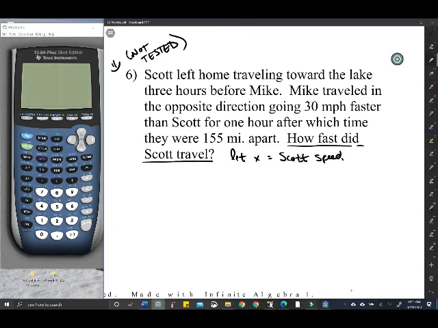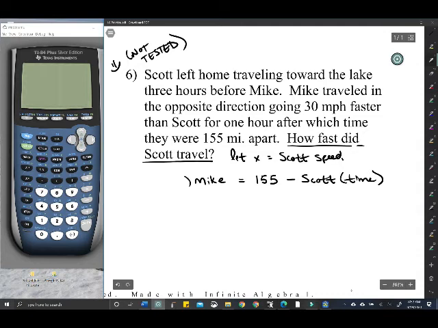So what we have here is Mike's traveling, okay? So let's find out how far Mike has gone, and we know that's going to be equal to the distance apart they are minus Scott's speed and time. And this is Mike's speed and time.